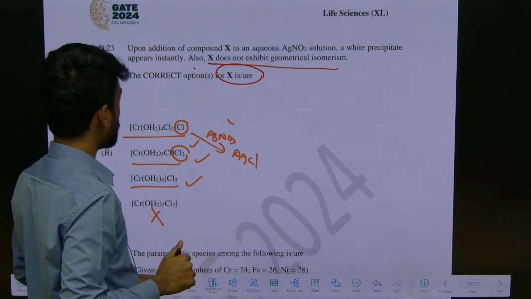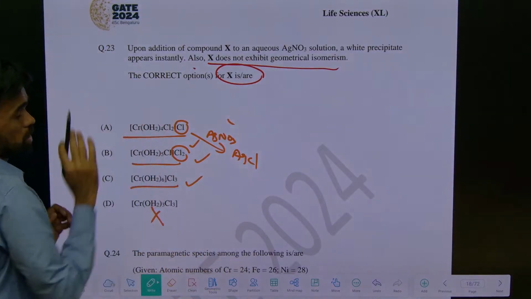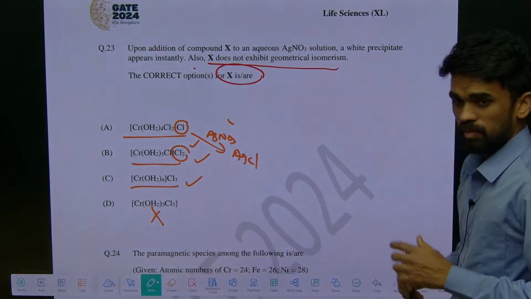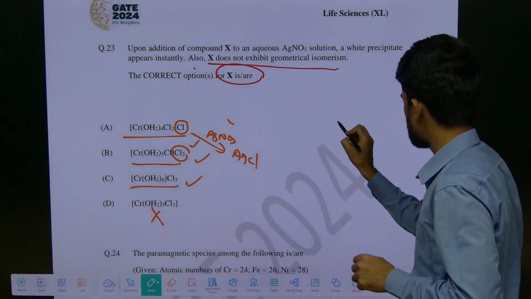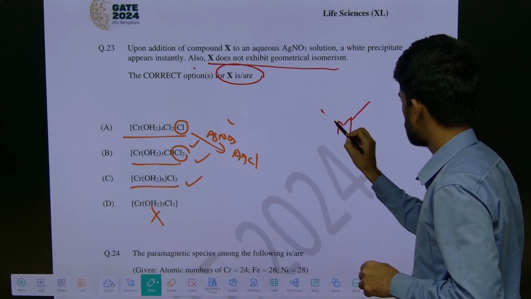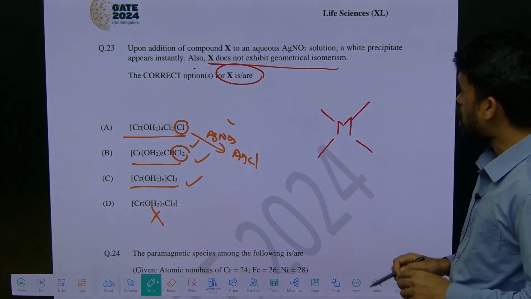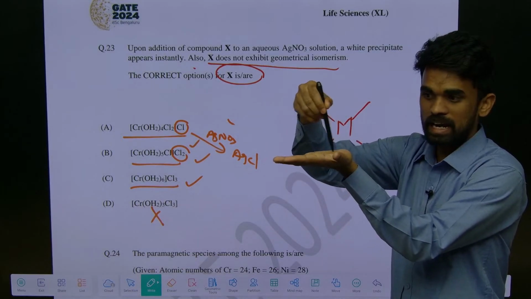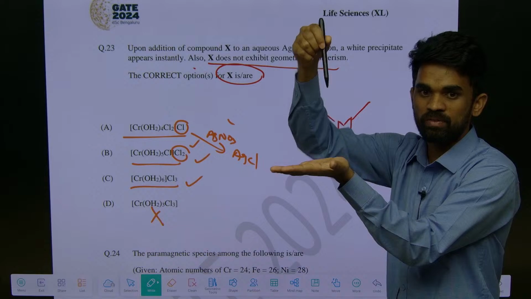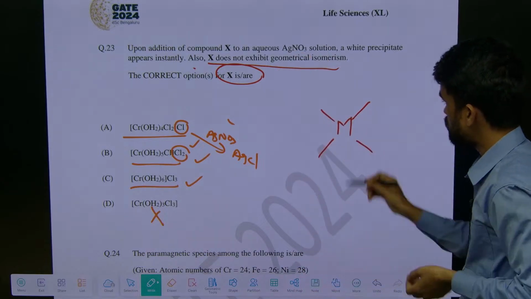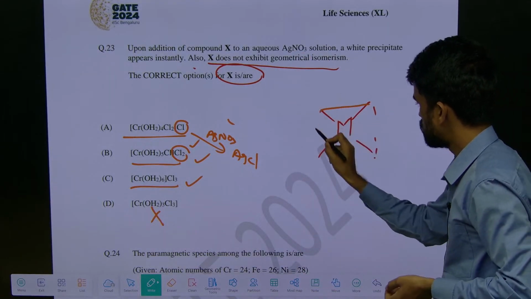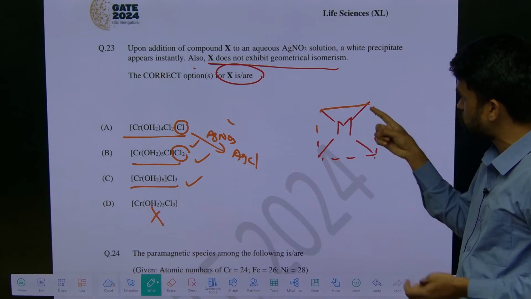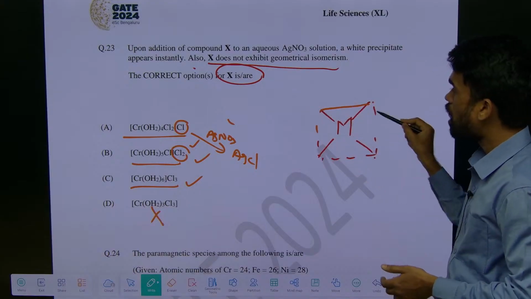Now, geometrical isomerism in octahedral complexes. In order to say cis-trans isomerism, if this is a metal, we know an octahedral complex has the metal at the center with a square, one ligand above the square and one below. Let me make a square first. Whatever ligands are present at the terminals of this square are within the plane.